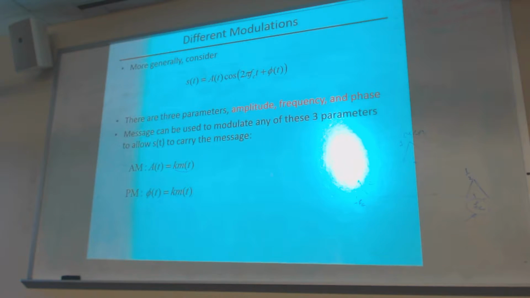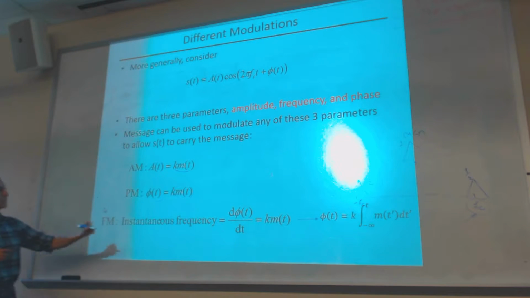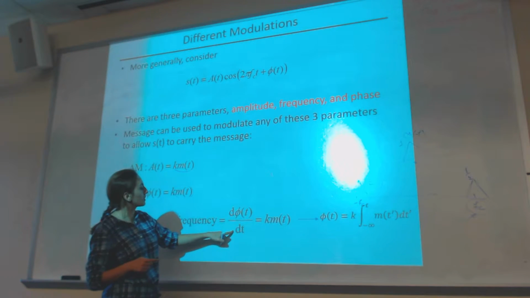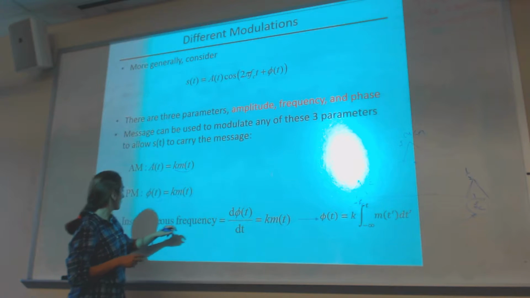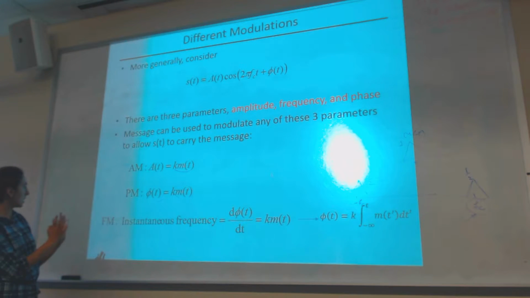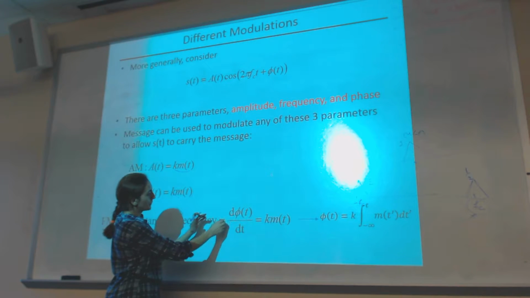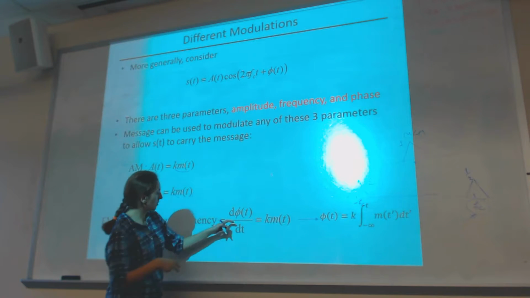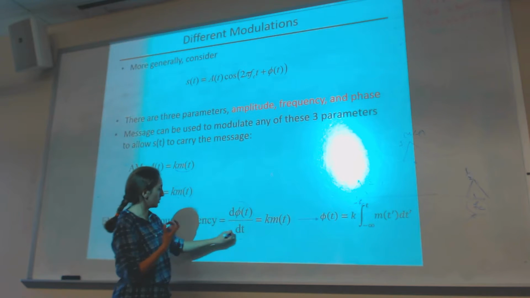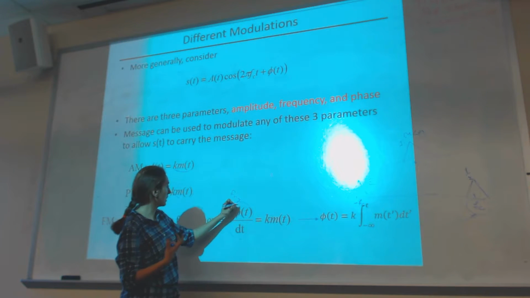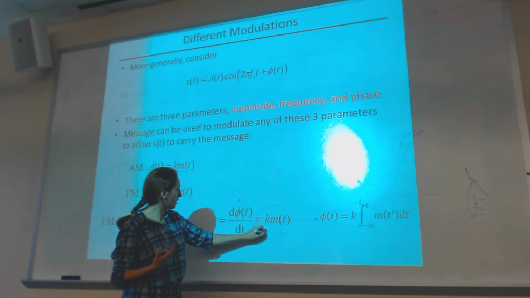For FM, we will see in the next chapter that the frequency is basically the derivative of the phase. So therefore, if I want to embed my signal in the frequency, I have to embed it in the derivative of phi of t. So d phi over dt, which is in the nature of frequency, now has my signal.